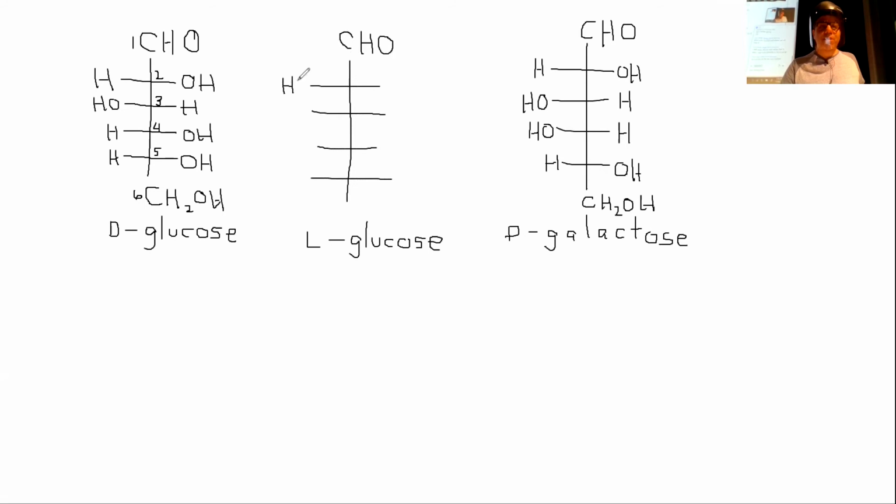So we'll flip where that OH is. We'll flip this one also so that it goes to the right. The OH on carbon 4 will be to the left, and the OH on carbon 5 will also be on the left, which is what determines it. That makes it an L sugar.